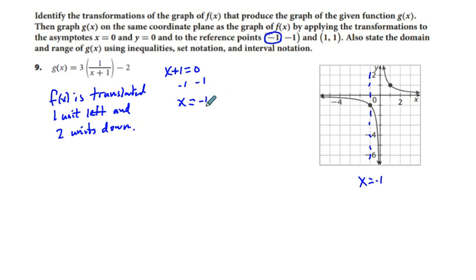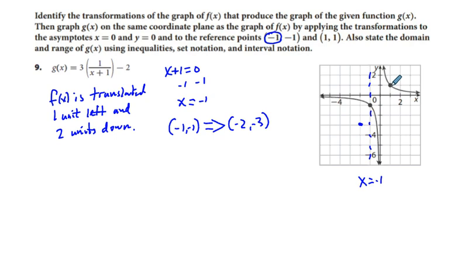And so if we translate this negative 1, comma negative 1, we go 1 unit to the left and 2 down. So negative 1, comma negative 1 translates to negative 2, comma negative 3.